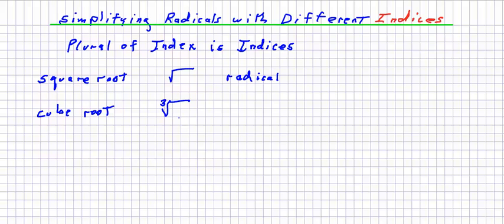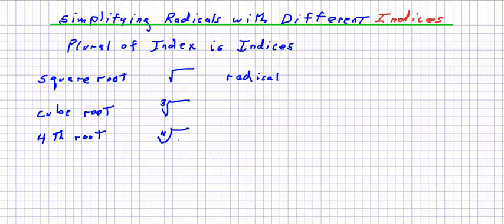Just like an exponent, it's really small. We don't write it like this. We make it a little number. So if I had the 4th root, my index would be a 4.